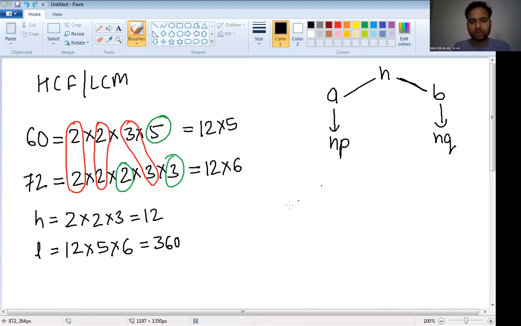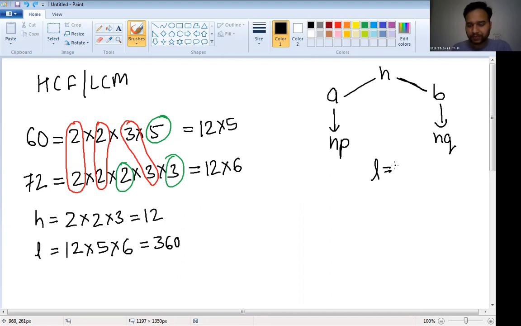So comparing with the left side, can you guess what would be the LCM of these two numbers, A and B? You have to compare everything with the left hand side and tell me what is the LCM of these two numbers, A and B.